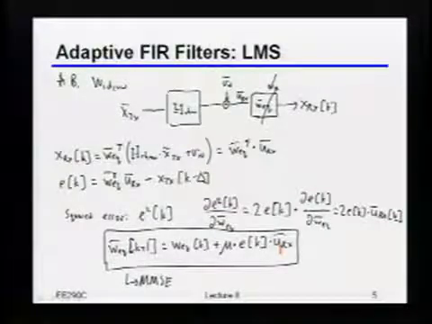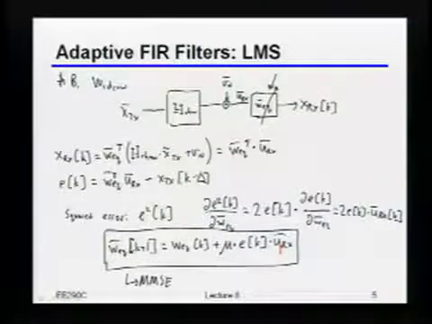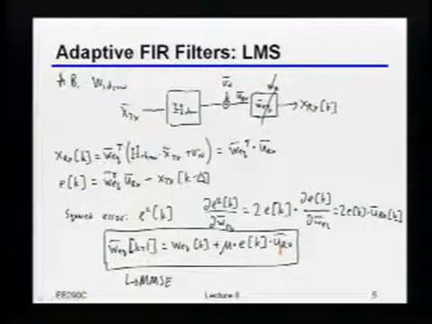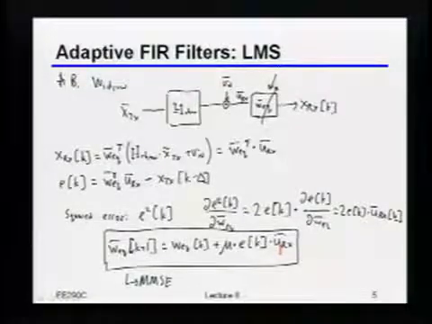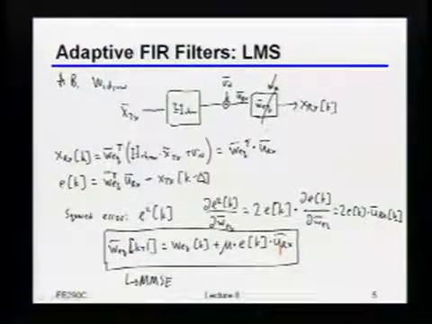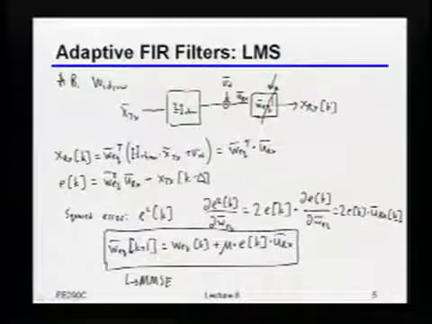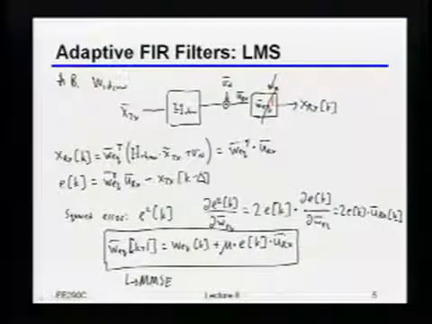Igor, since you guessed the other way, is that more clear now? Yeah, but I see that e of k still has x_tx in it. That's right, but we don't know what that was, right? That's true, you don't know, but let's assume my equalizer is working properly and I'm making correct decisions.